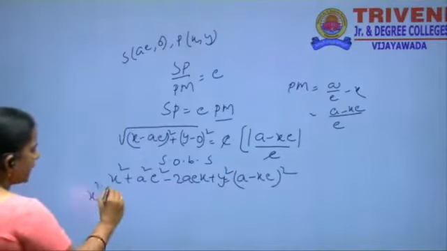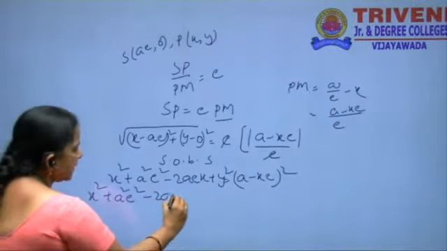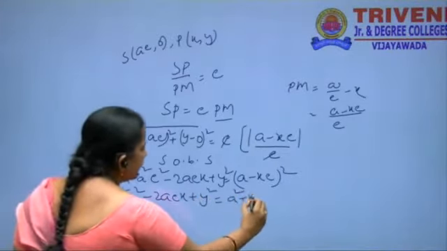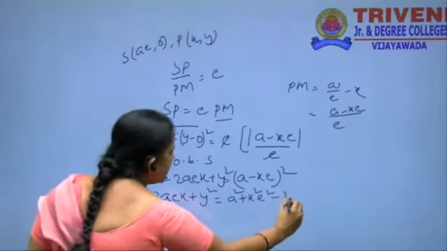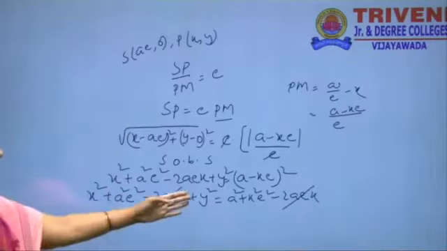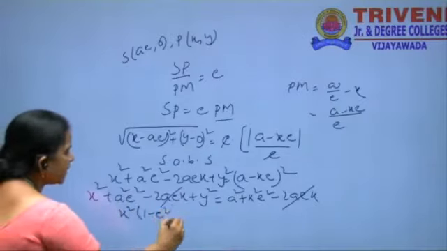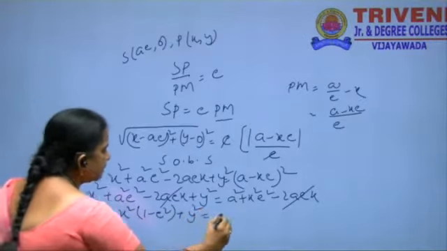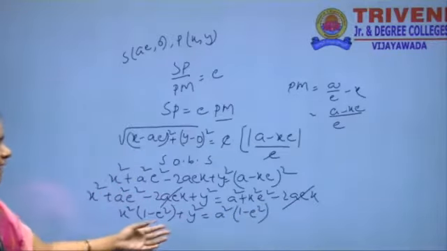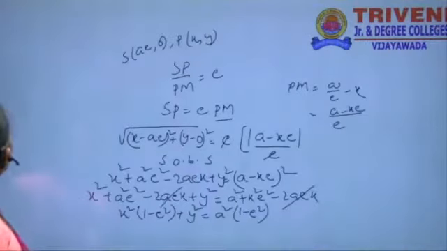Then we have to expand: x square plus a square e square minus 2aex plus y square is equal to a square plus x square e square minus 2aex. 2aex gets cancelled. Then RHS values go to LHS. Then x square into 1 minus e square plus y square is equal to a square into 1 minus e square.